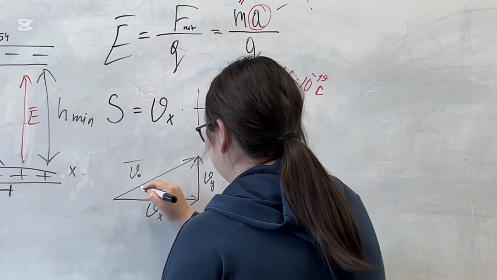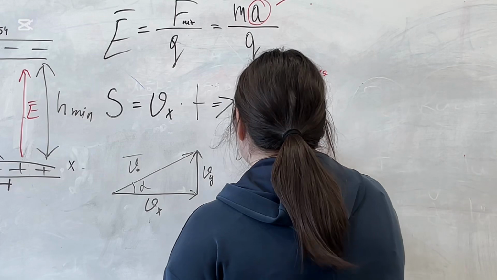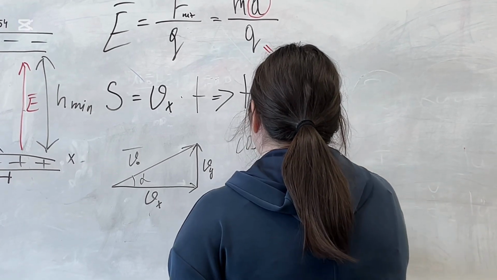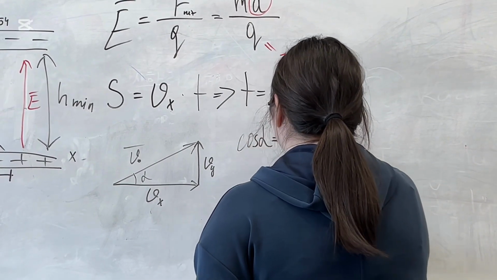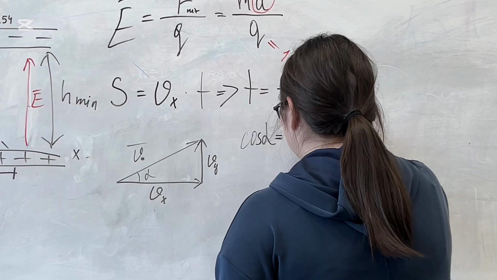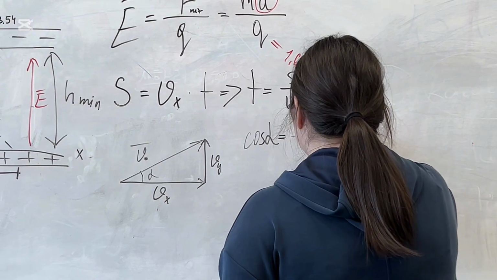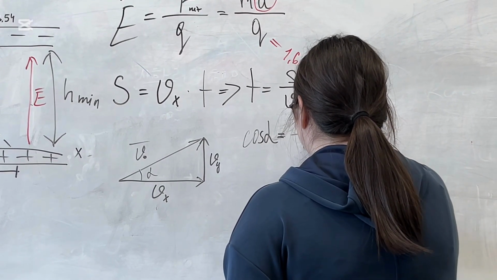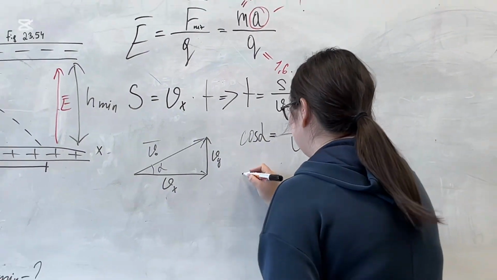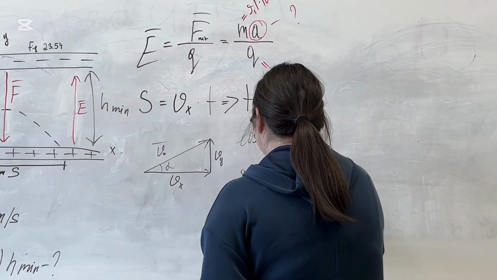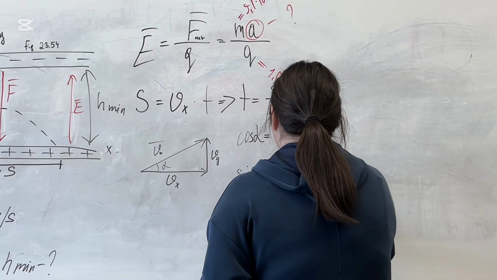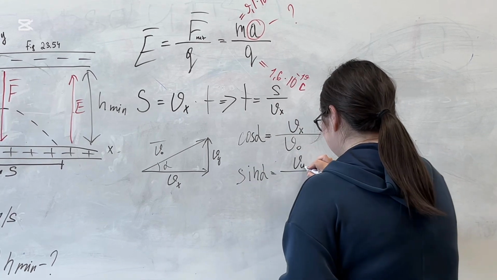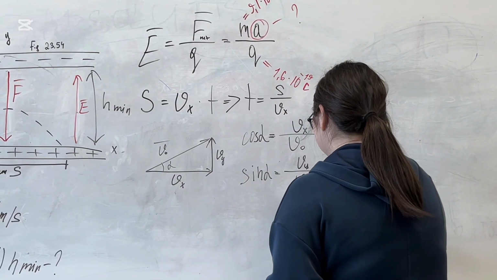Cosine alpha, here we have the angle alpha, is equal to Vx divided by V0. And sine alpha is equal to Vy divided by V0.